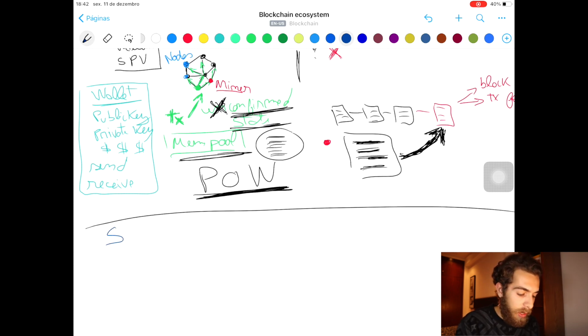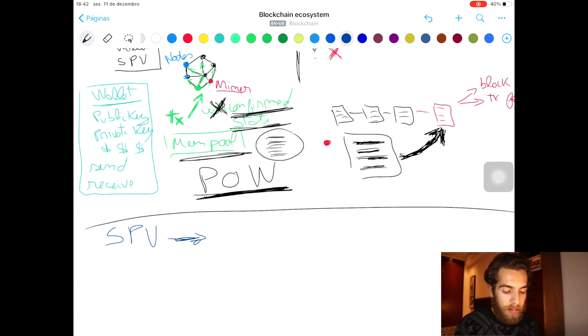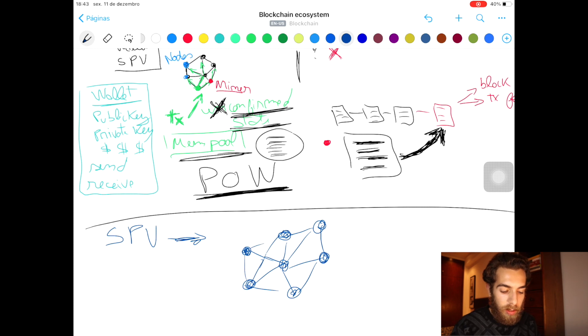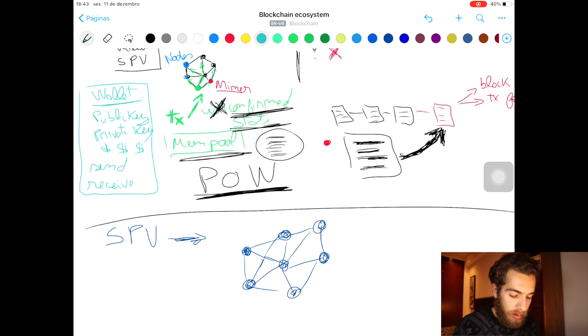So it's time for the final concept, and that is called SPV, and these are basically smaller nodes. Let's imagine this. Let's draw another network. So there's another network here, and let's make it light blue.